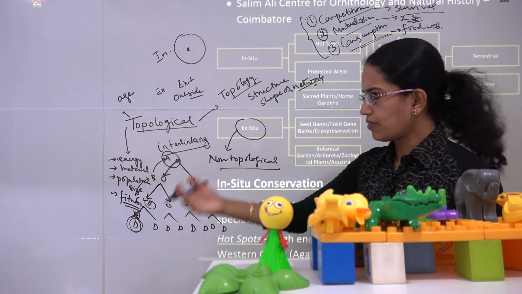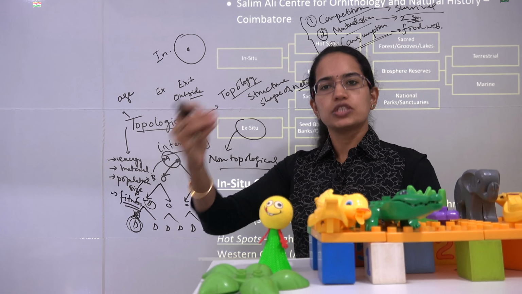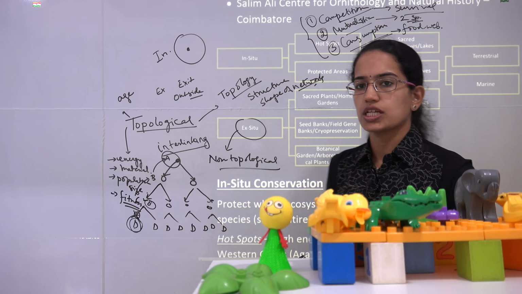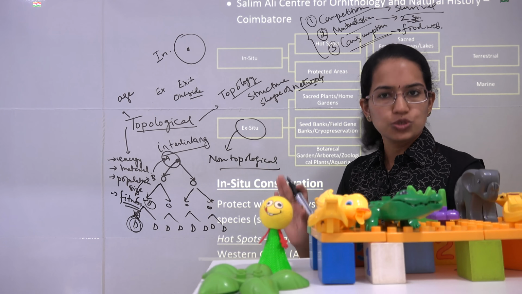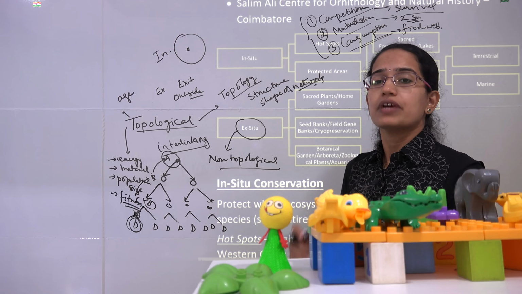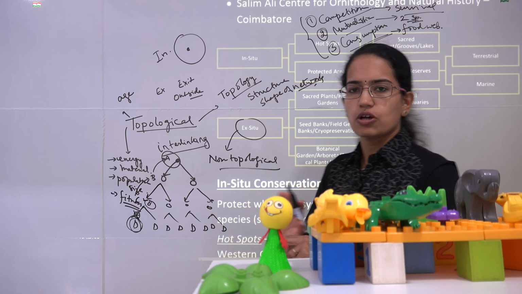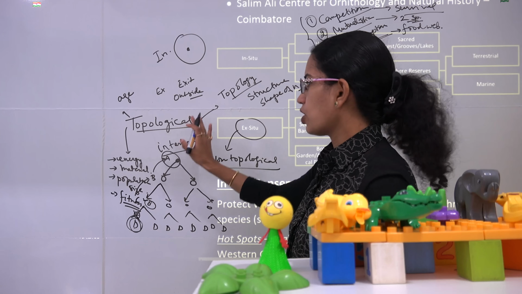So let's say if you have a botanical garden, a zoological garden, you would have one species, two species of camel, one of elephant, one of turtle that would be kept in the zoological garden, but there is not a kind of interlinking that's usually maintained. It could be in extreme cases where they try to do it or try to produce it artificially, but in normal conditions these ex-situ conservations do not have topological conservation.